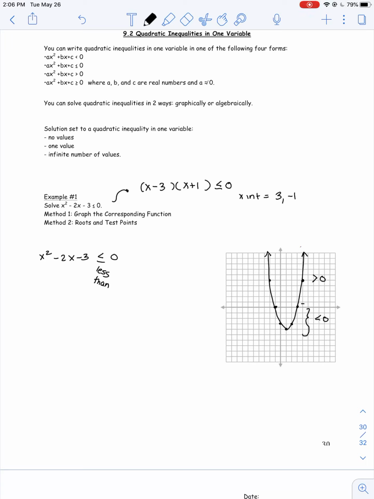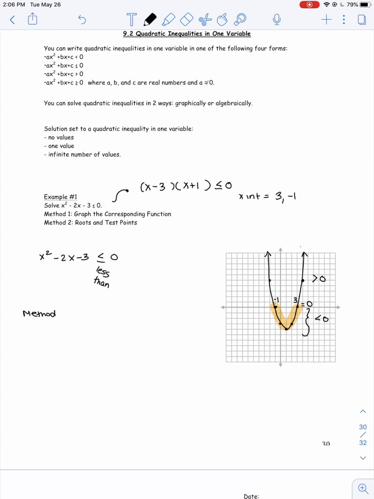This is when the graph is greater than 0, and the x-intercept is when it's equal to 0. So we want to describe this part of the region, including the x-intercepts, as our solution. So all we have to do is state that our graph, the orange part, is between -1 and +3.